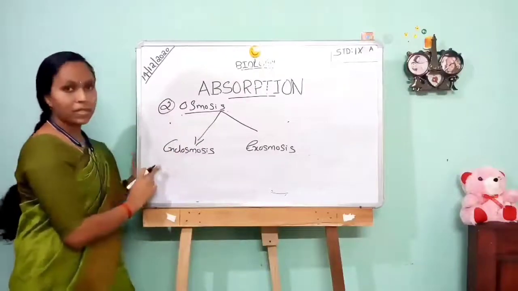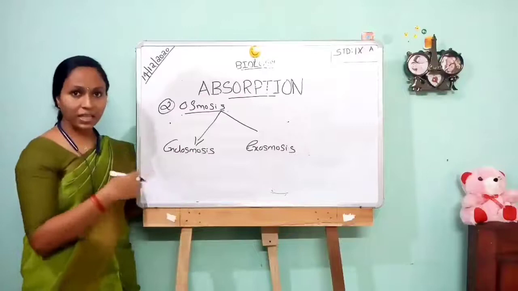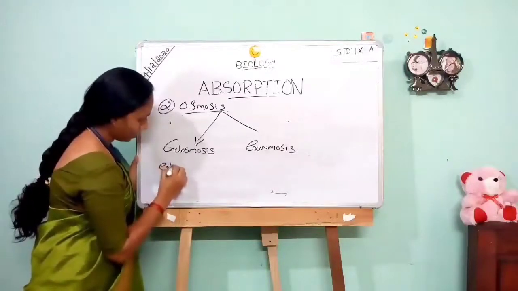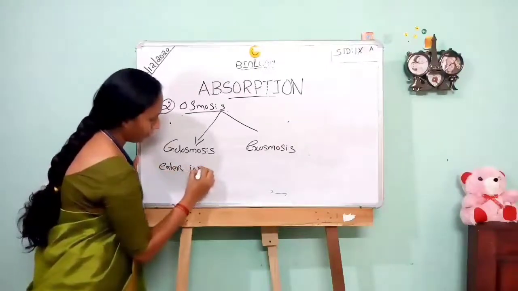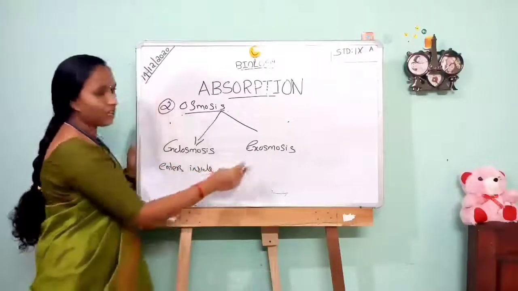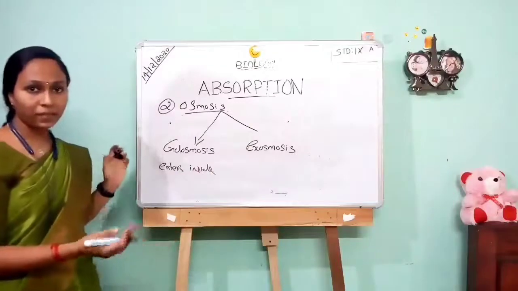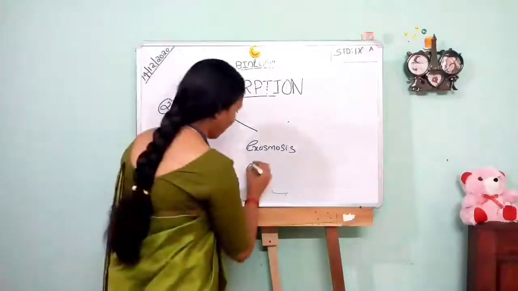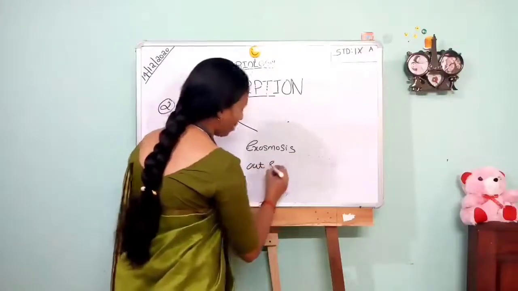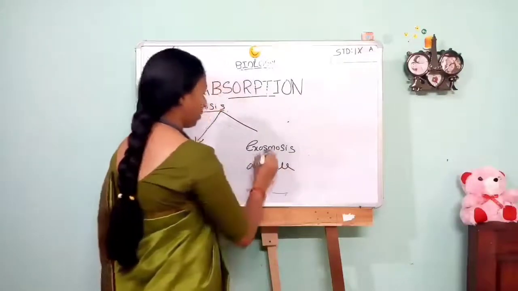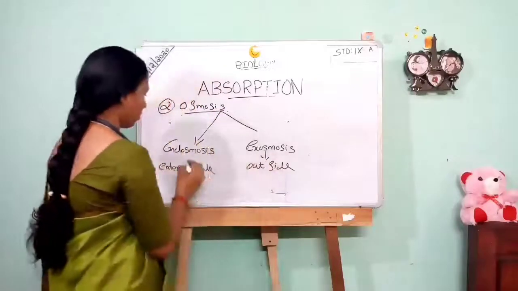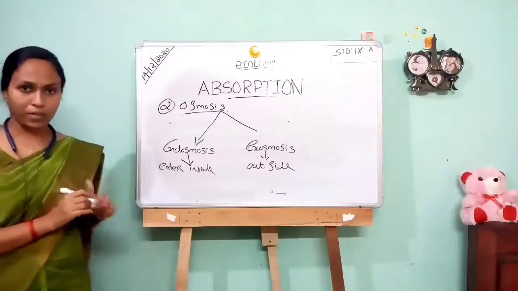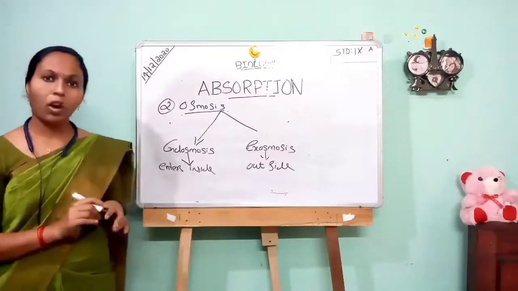In endosmosis, water enters inside the cell. And in exosmosis, water is expelled from the cell. It's a movement of water molecule to the outside. These are the two types of osmosis. Are you clear? Okay, very good.